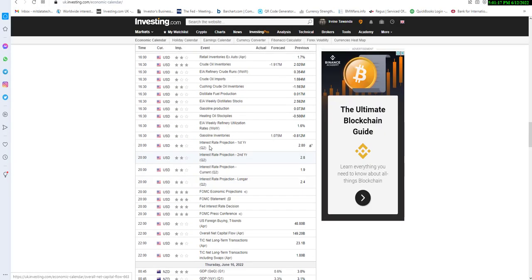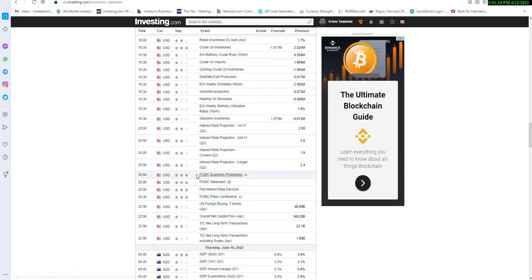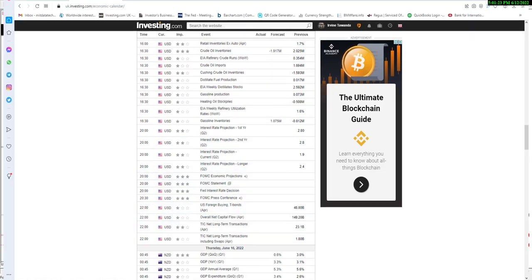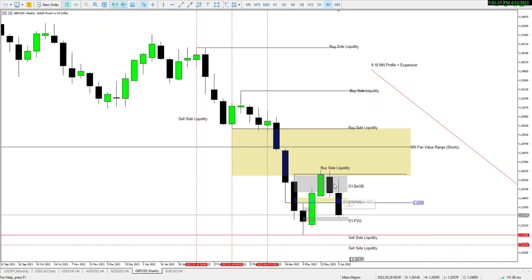Why? Because we've got FOMC right here on Tuesday evening. Now remember, with FOMC, there's going to be strength into DXY, unless otherwise, right? We're anticipating strength in the dollar index. And with that strength, we should be anticipating price to trade below 1.2155 on Pound USD.